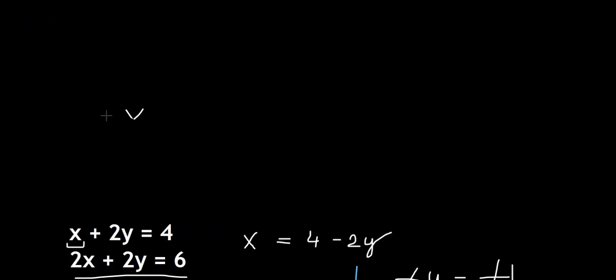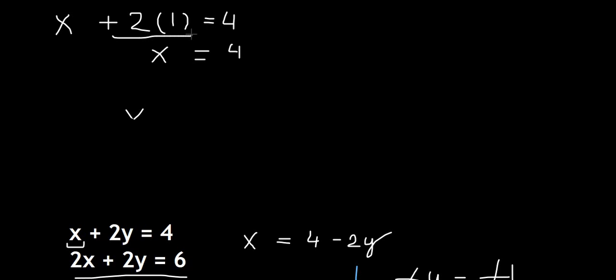So the value of y is 1. We have to find x: x plus 2 into the value of y, which is 1, equals 4. Now x is equal to 4, let's write 4 first. 2 times 1 equals 2, positive 2.